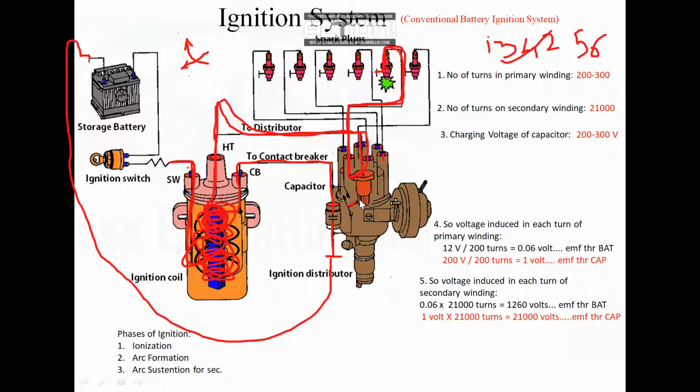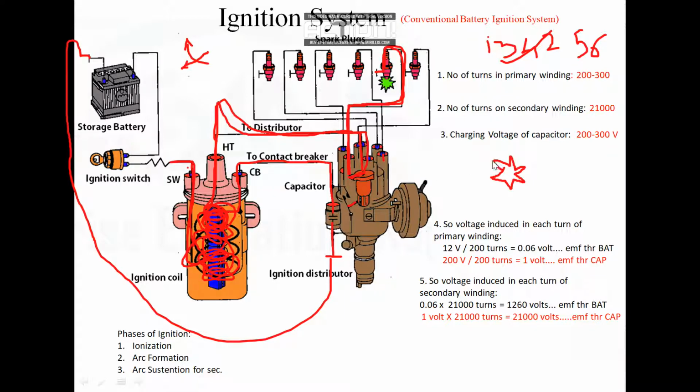So whenever a respective notch comes in contact with this push bar, the contact gets broken, because this notch breaks the contact of the contact breaker. It is like this. I'm drawing for the 6-cylinder: 1 2 3 4 5 6 notches are there, and similarly notches are present here, and they break the contact.